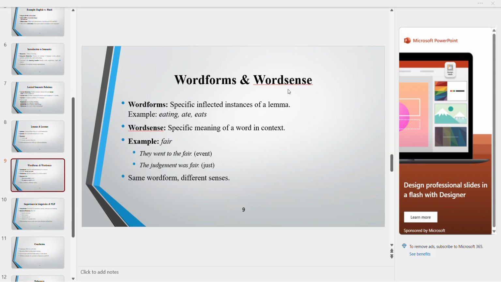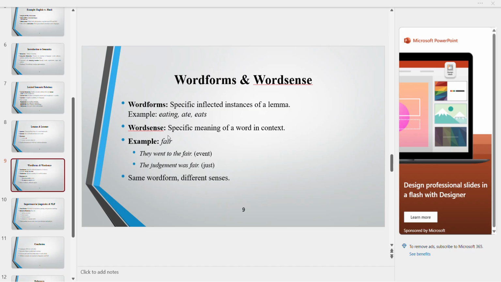Word forms and word sense. Word form is a specific inflected instance of a lemma. Let's take an example. Eating, ate, eats. Word forms are different grammatical versions of a word, which include eating, ate, and eats.